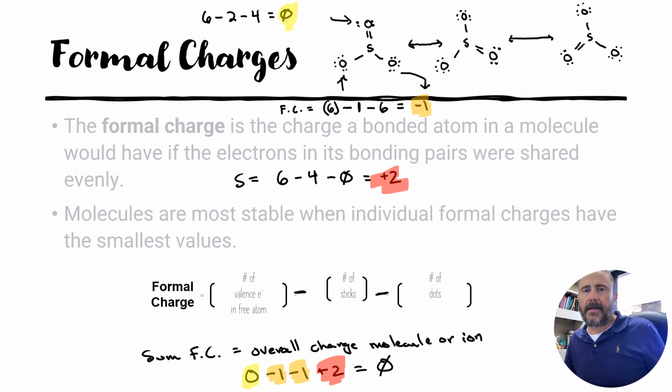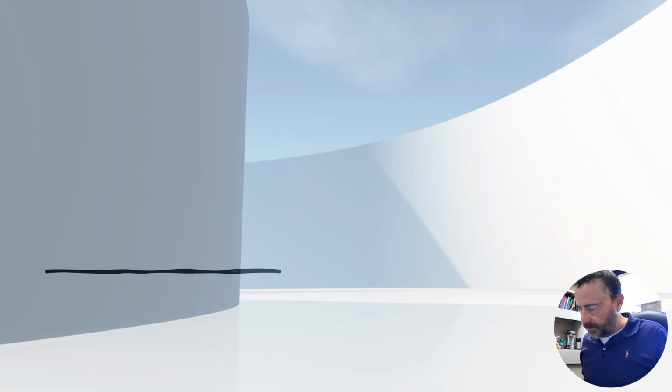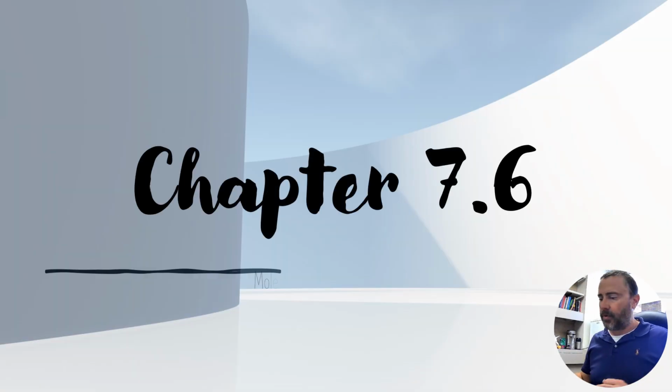If it was an ion, they should all sum up to being whatever the ion charge is. All right, and molecules are most stable when the charges have the smallest values possible. So we're going to use that to be able to look at which one's the best overall shape at some point.